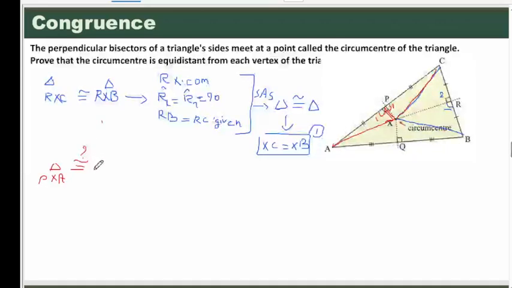I am going to prove congruence with triangle PXC. I start to write: angle P1 equals angle P2, they are 90 degrees. Okay. PA and PC, equals, given.